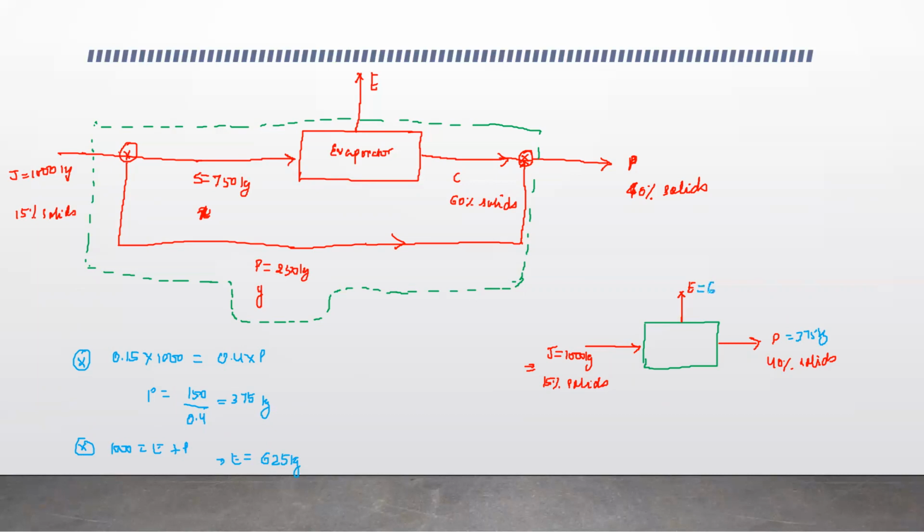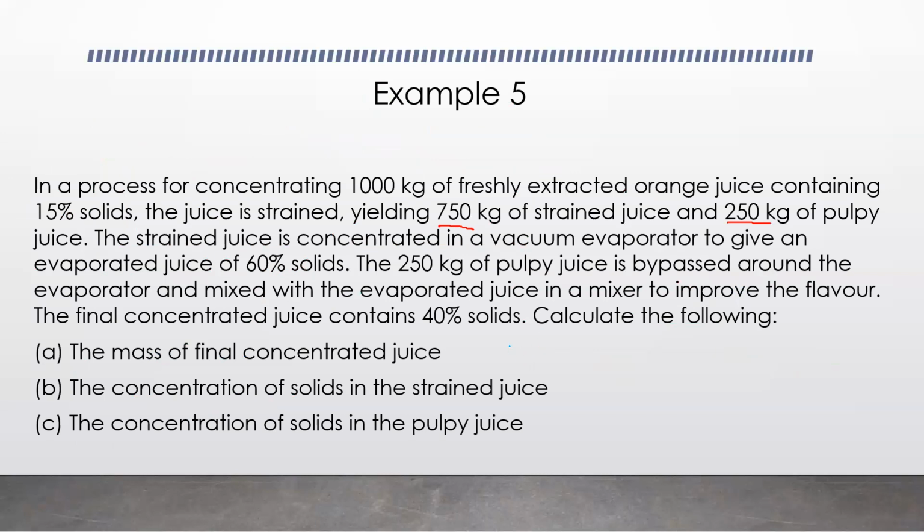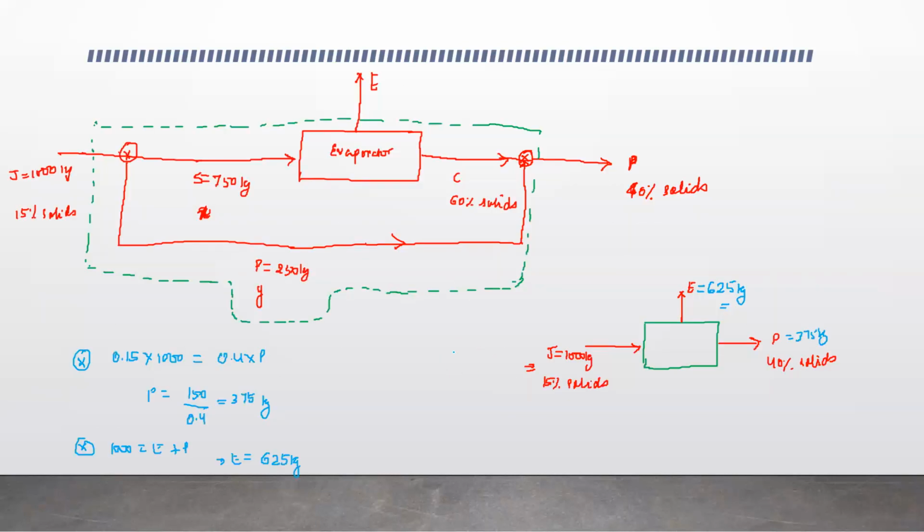So E is going to be 625 kg over here. So you have got E and you have got P. The first part, I think we have found: the final concentrated juice mass is 375 kg.